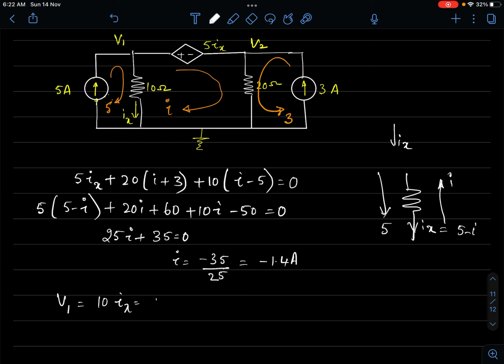So I will write 10 into 5 minus I. This comes out to be 10 times 5 minus of minus 1.4. This comes out to be V1 equal to 64 volts.